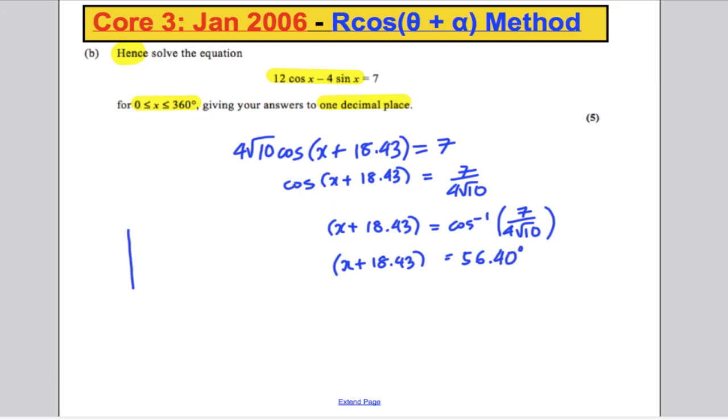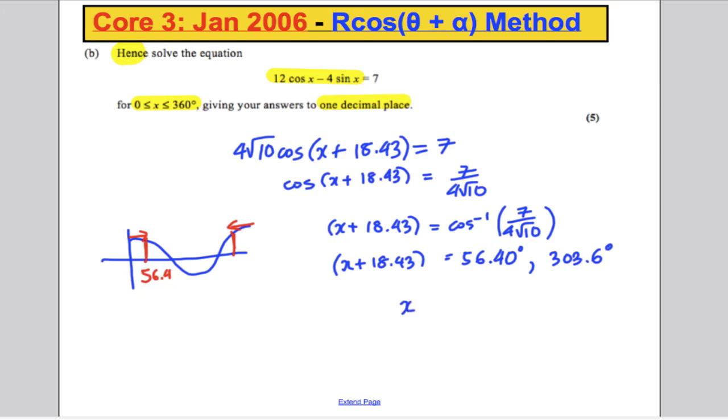Okay, I'm going between 0 and 360. I'm drawing a cos graph. Just sketch out the cos graph for yourself. You should know the cos graph's looking something like that. 56.4 is here. So another solution will be 56.4 back from 360. So the other solution will be 360 take away this, which will be 303.6 degrees.